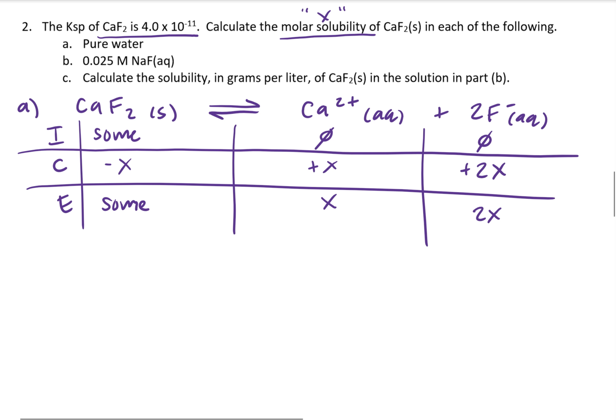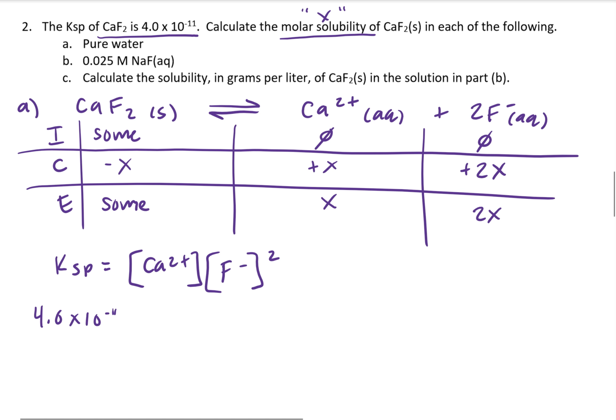So we're going to set up our Ksp expression first of all. Ksp equals calcium 2+ ion to the first, fluoride negative ion squared because its coefficient is 2. And this is a Ksp expression, so there is never a denominator because our reactant is a solid. I'm going to plug in the Ksp value of 4.0 times 10 to the negative 11.